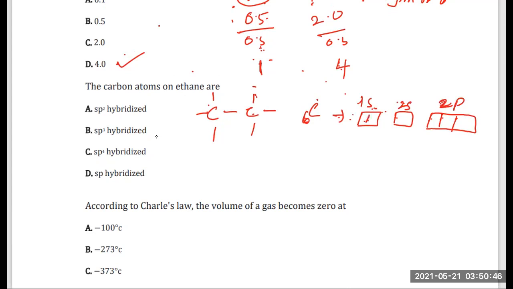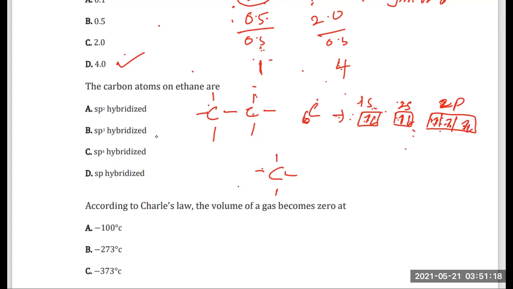In the excited state, you have 1, 2, 3, 4. So if I have carbon like this and hydrogen is trying to form a bond with it, the hydrogen is filling up here. Since I'm having 4 hydrogens, one hydrogen fills here, another fills here, another fills here, and another fills this place.